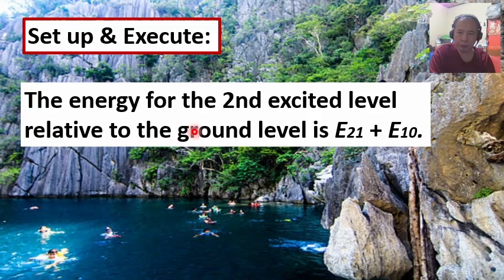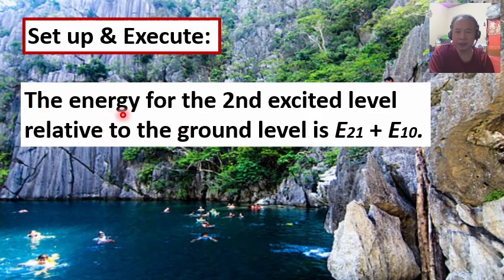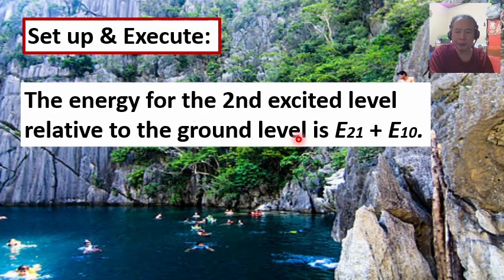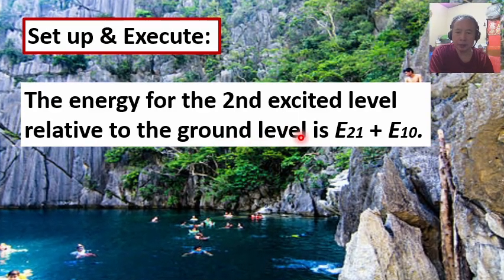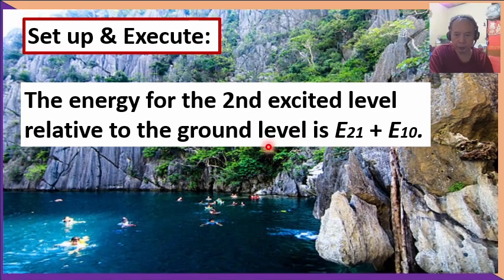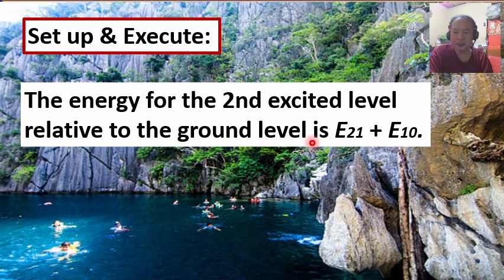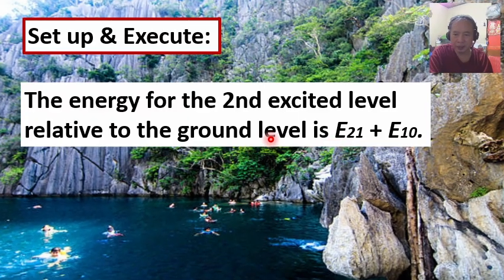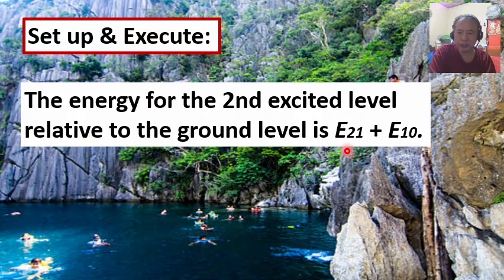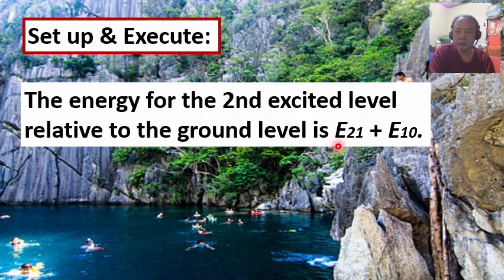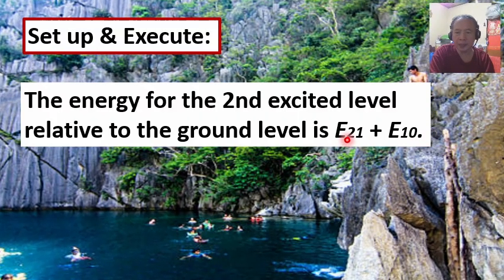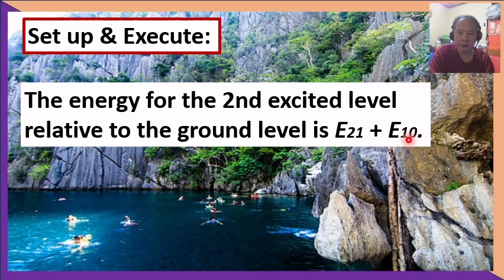The second target variable in part A is the energy for the second excited level relative to the ground level, denoted by E sub 20. And a little analysis will show that the energy E sub 20 is just the sum of E sub 21 and E sub 10, which we already have determined earlier.